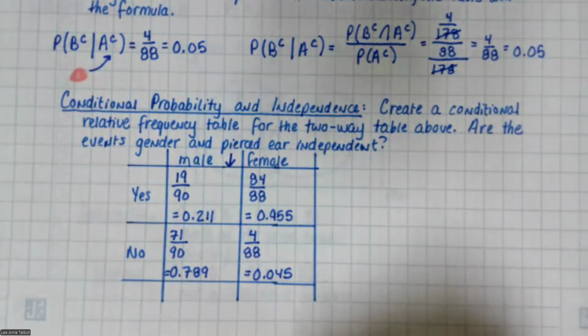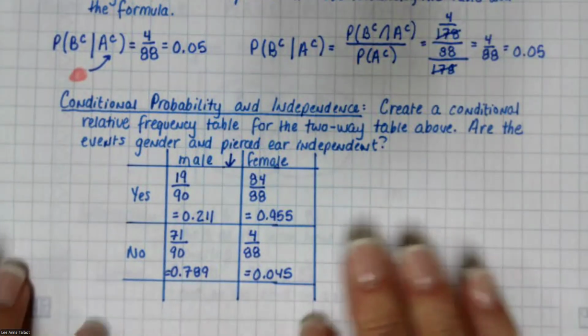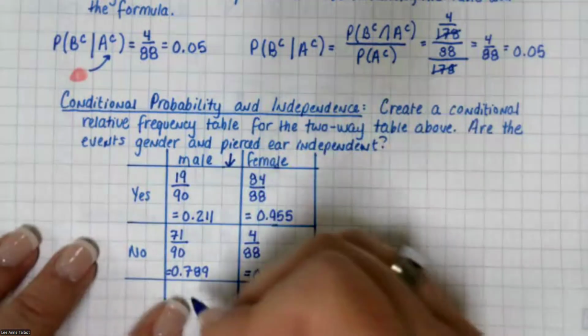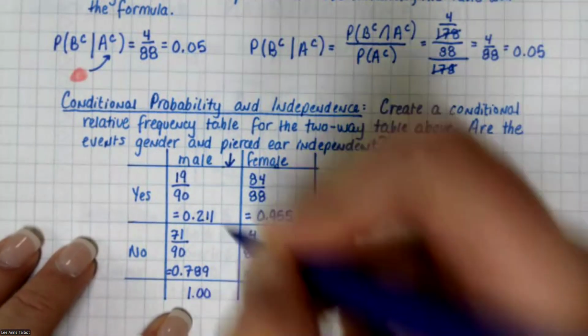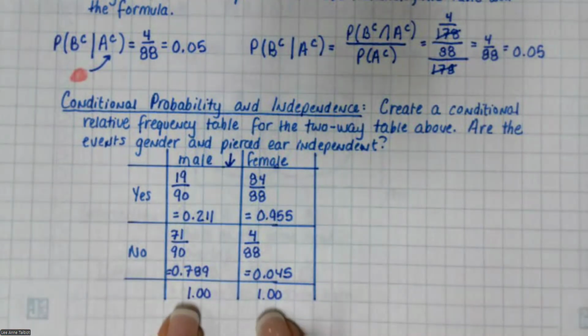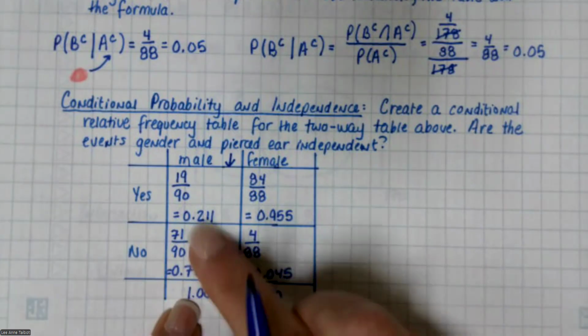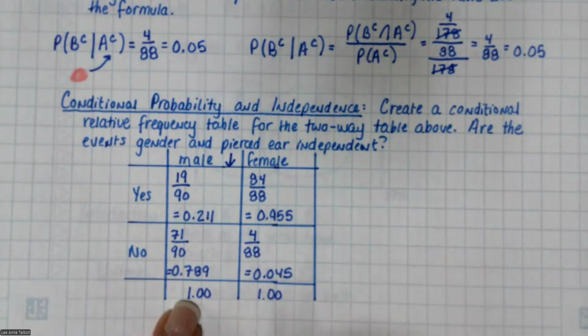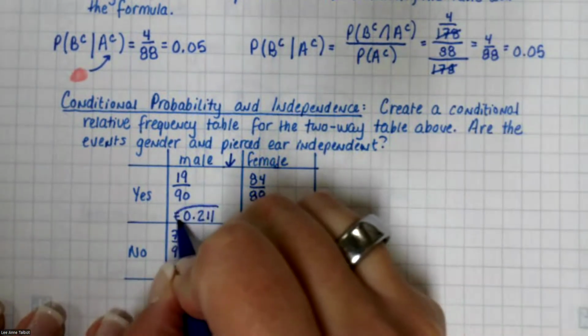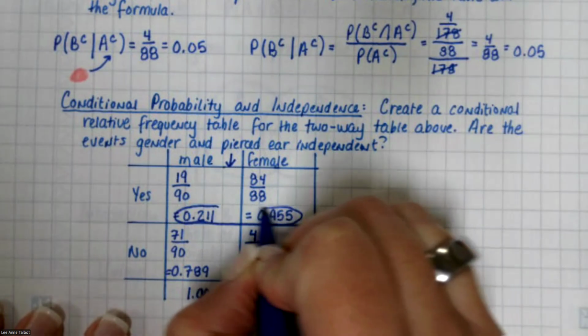Now, if you remember from chapter 1, there are two things you need to know first. Whatever direction you divide in, the totals should be 1. So I really didn't need to do this one. I could have just subtracted from 1. And then to determine independence, you look the opposite way.